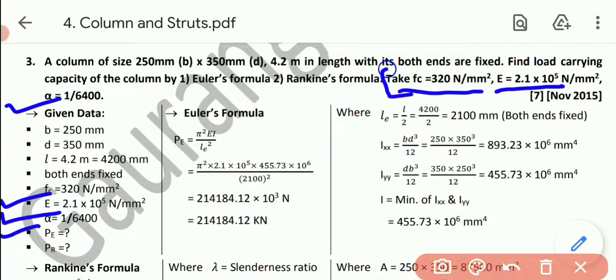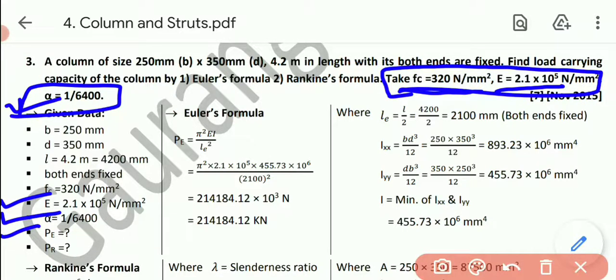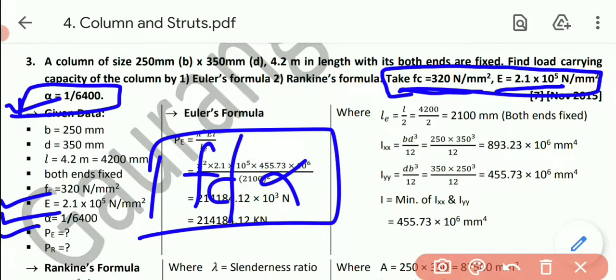Always remember, whenever these values are given we compulsorily need to apply Rankine's formula, because FC and alpha are the unknowns of Rankine's formula only. Without these two values we can never solve an example using Rankine's formula. E is common between both Euler's and Rankine's.